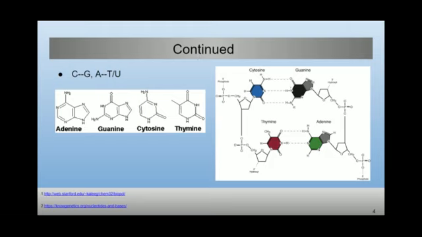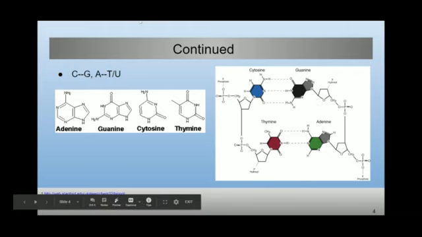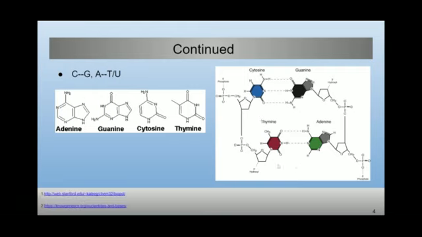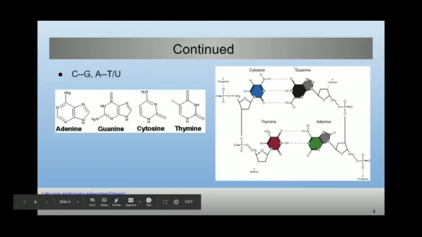Now, in terms of actually seeing it in the format of DNA strands, you could pretend that this structure goes down forever, and it creates a strand of DNA. The same thing could happen for this side as well.